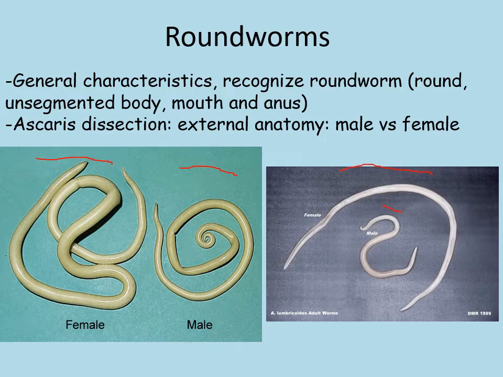The other way you can tell is that on the posterior end of the male, there's a little hook. He uses that to hold on to the female when they mate. The female doesn't have a hook, so if you look at both ends of the female, they are just straight. So if you saw a thinner, smaller Ascaris that has a hook on one end, that's a male.